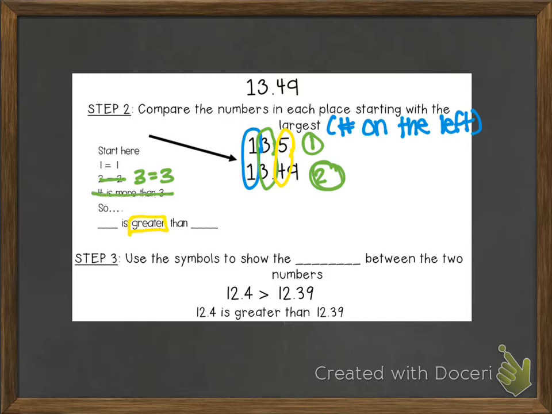So I have a little mistake here. 5 is more than 4. So 13.5 is greater than 13.49.